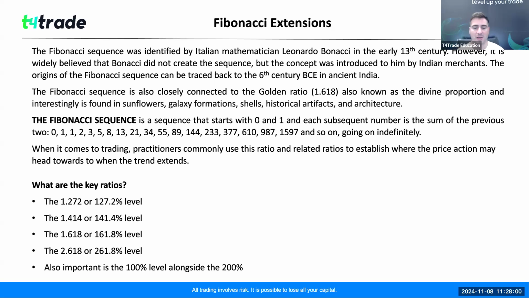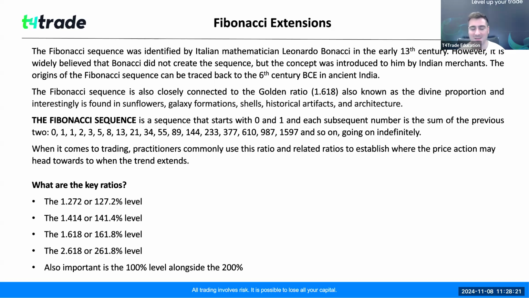And interestingly, this ratio can be found pretty much everywhere around us: in faces, in anatomical body parts of human beings and animals, in seashells, in galaxy formations, in sunflowers, in trees, pretty much everywhere.